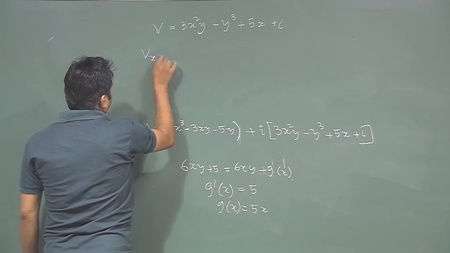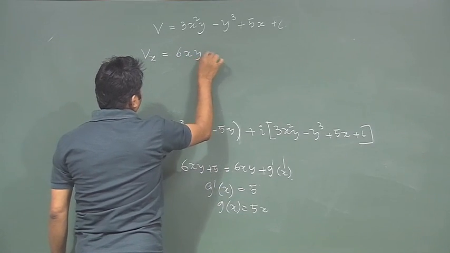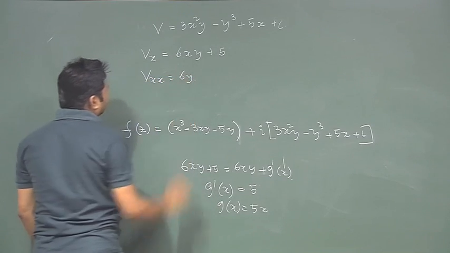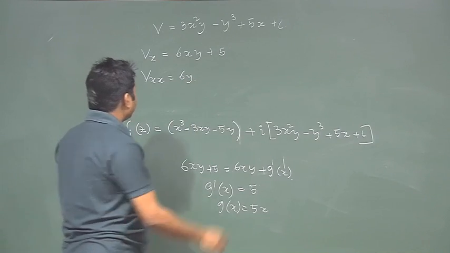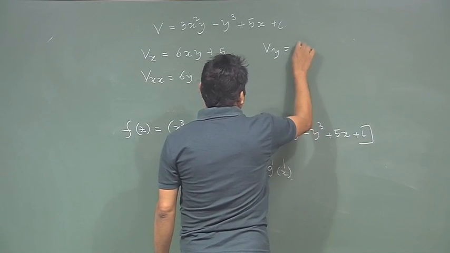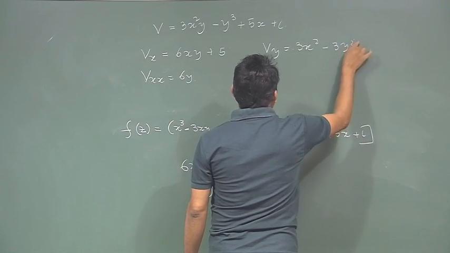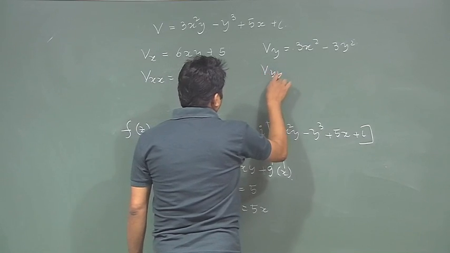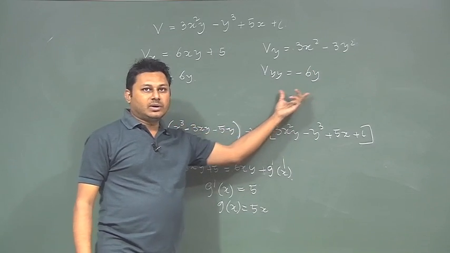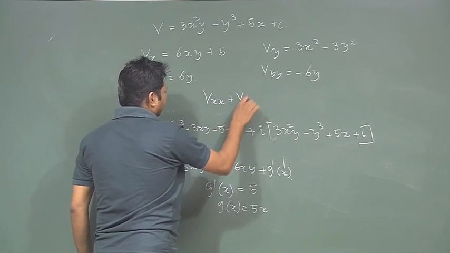So, v_x is the derivative with respect to x, so it is 6xy plus 5, v_xx is 6y, v_y is 3x squared minus 3y squared, v_yy is minus 6y. So, v_xx is 6y, v_yy is minus 6y, so v_xx plus v_yy is equal to 0.